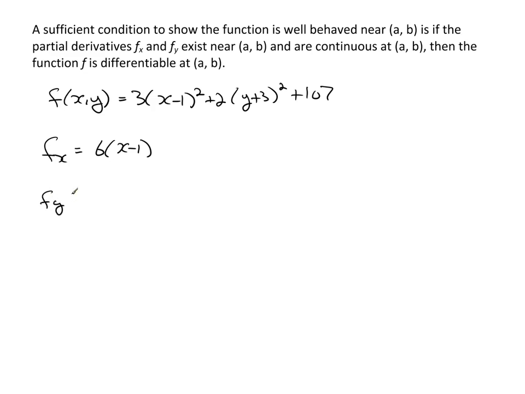The partial with respect to y is 4 times (y plus 3), which again is just a polynomial. These are continuous everywhere, so near the point that we were looking at earlier, this is going to be differentiable. So the idea of a tangent line approximation makes sense here.